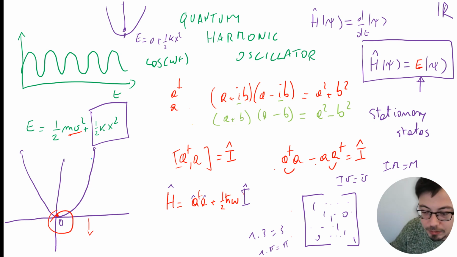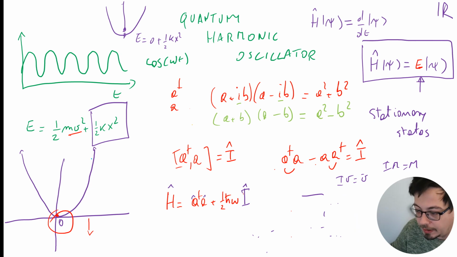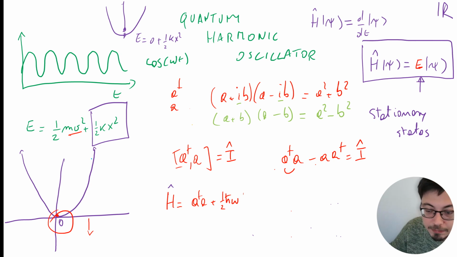Just because I don't want to carry over this operator everywhere, the same way we don't do it with the number 1, I just cancel out the identity operator, and we remember that there is an identity there. But anyway, now let's see what happens if we apply H to the state a dagger psi.